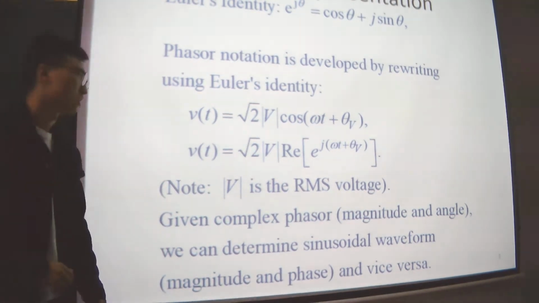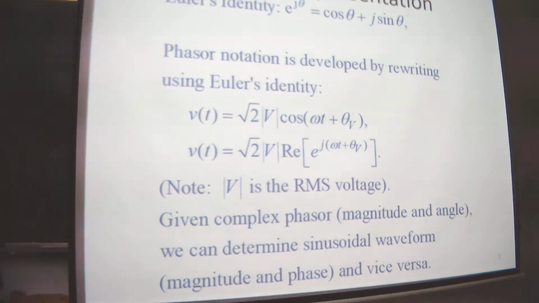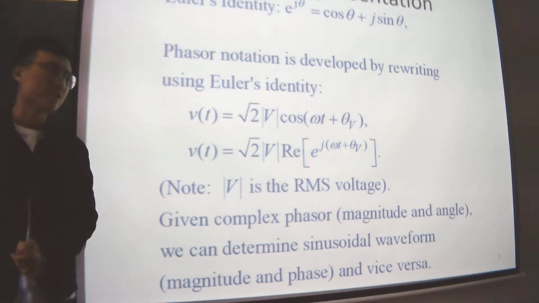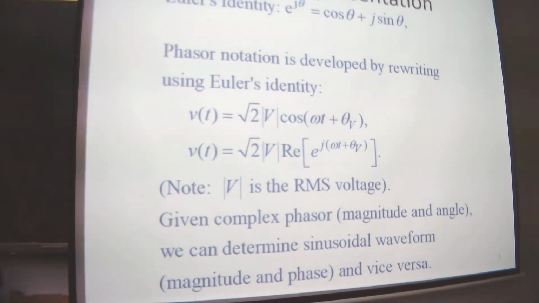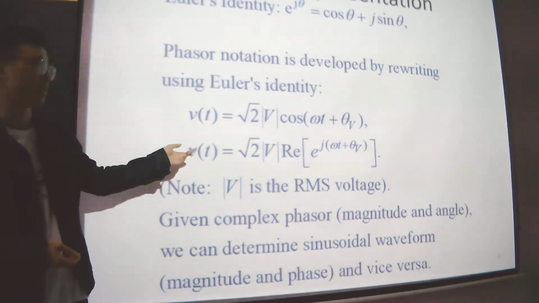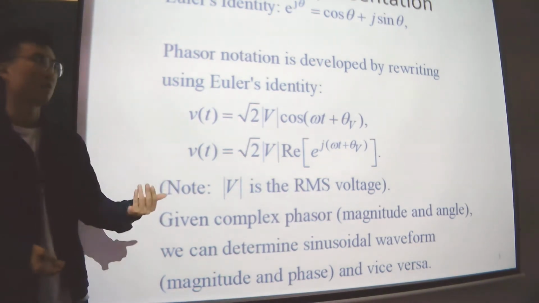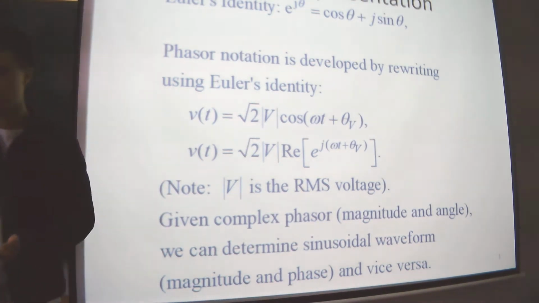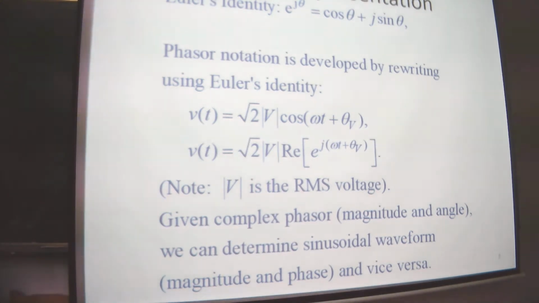Either features in the electric fields, like the voltage or the current, either one can be expressed by the phasor representation or the time representation.